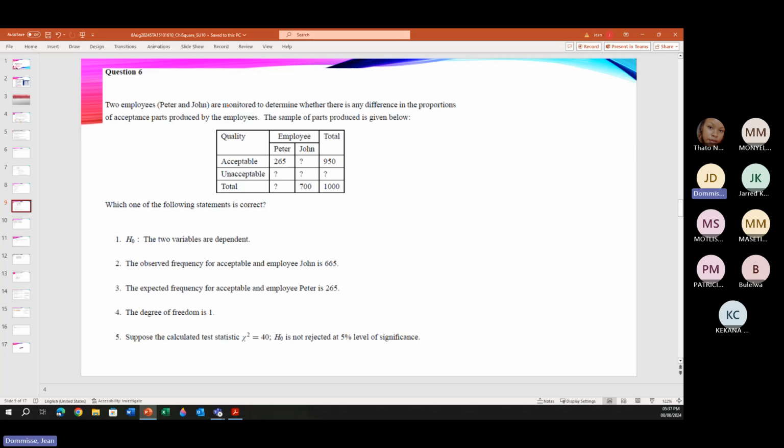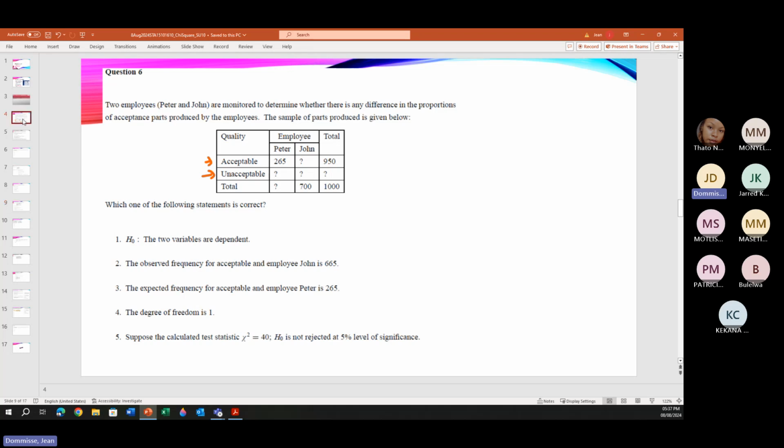If this was the question, we are going to look at degrees of freedom in a while in this question, but there are two rows, so 2 minus 1, and there are two columns, so 2 minus 1.